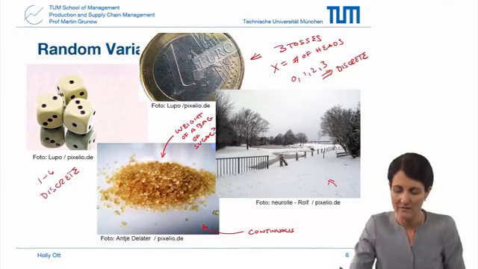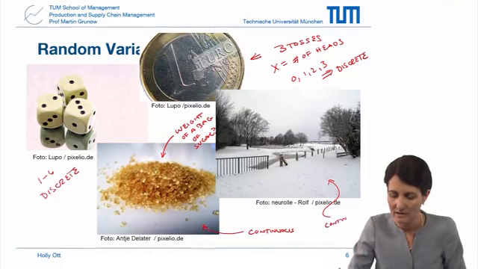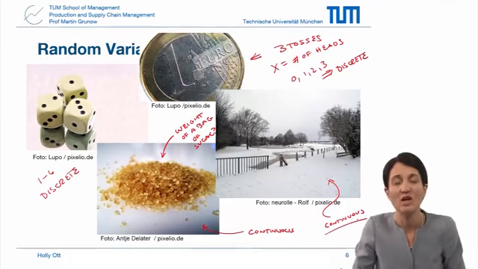And here we have the snowfall, the same thing. You can have any amount of snowfall, from no snowfall to a very large amount, and as long as your measurement is accurate enough, you can measure to a very infinitely accurate value. So the amount of snowfall would be continuous.